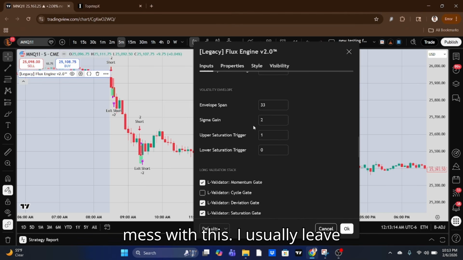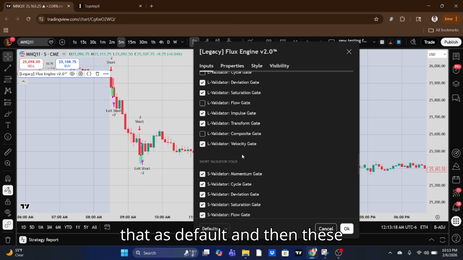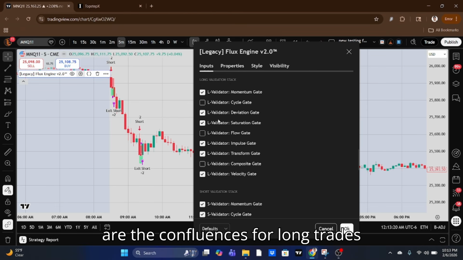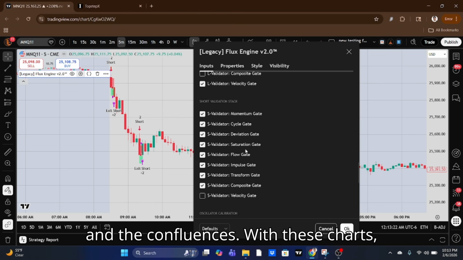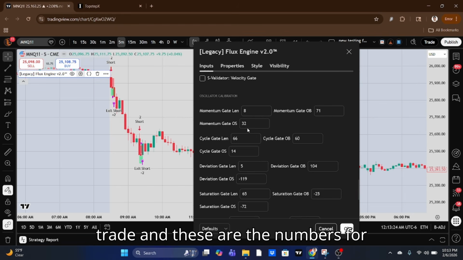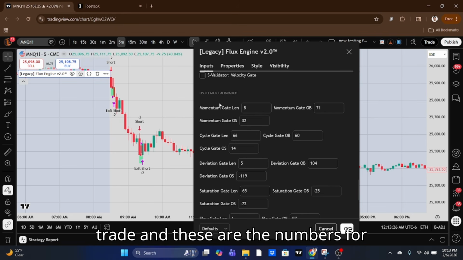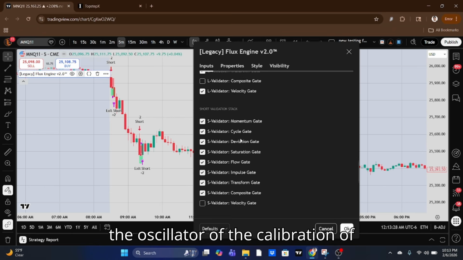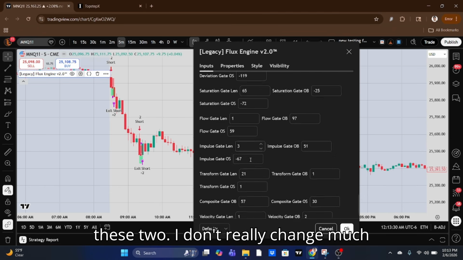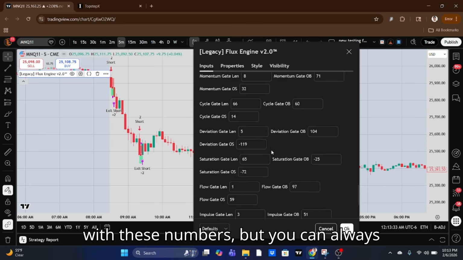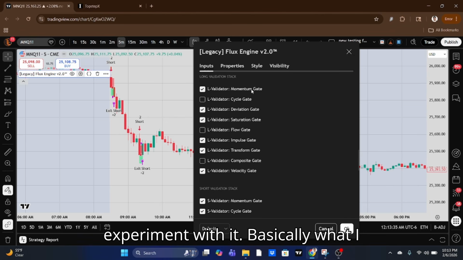I don't really mess with this. I usually leave that as default. And then these are the confluences for long trade and the confluences for the short trade. And these are the numbers for the oscillator calibration of these two. I don't really change much with these numbers, but you can always experiment with it.